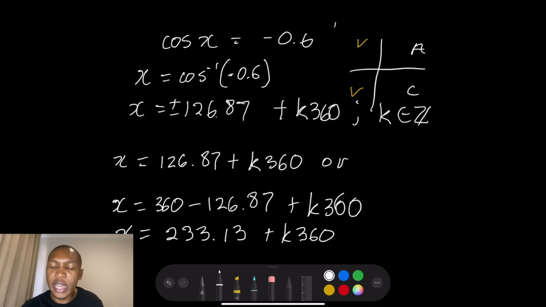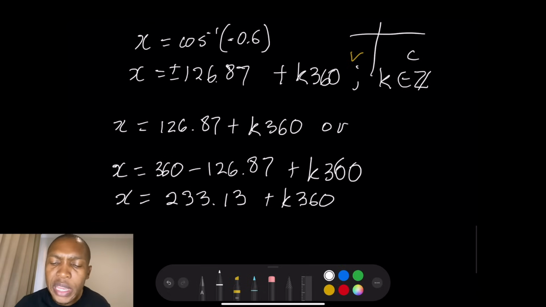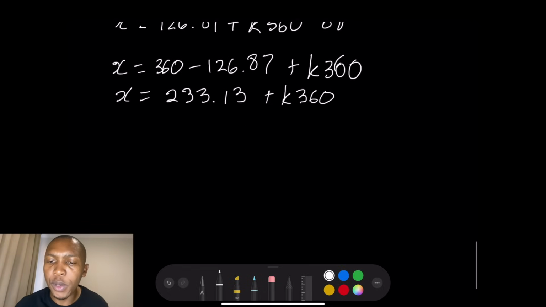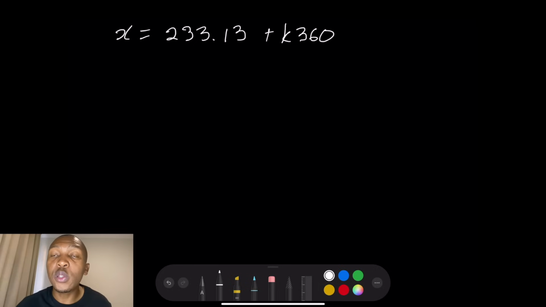That's our next angle in the third quadrant.